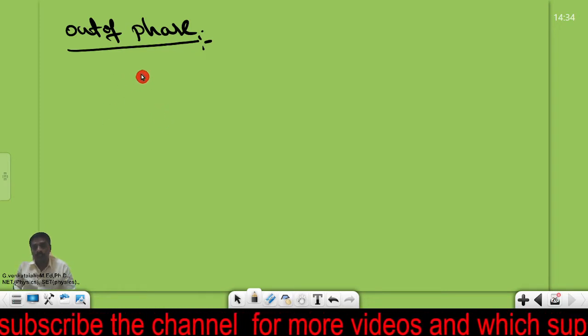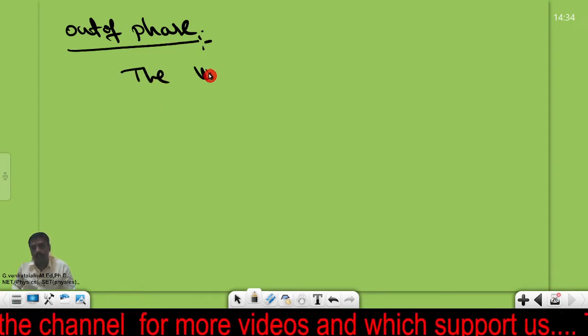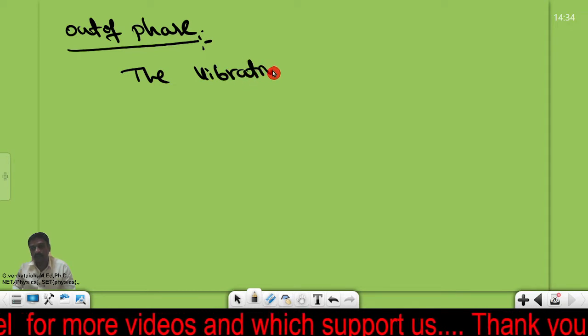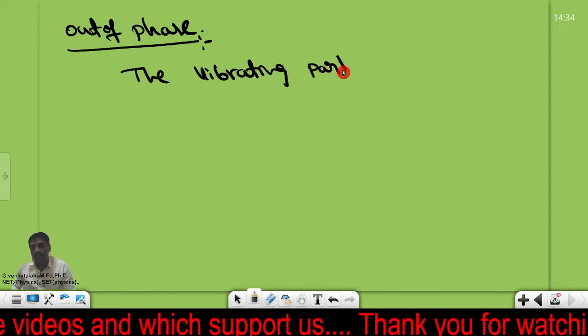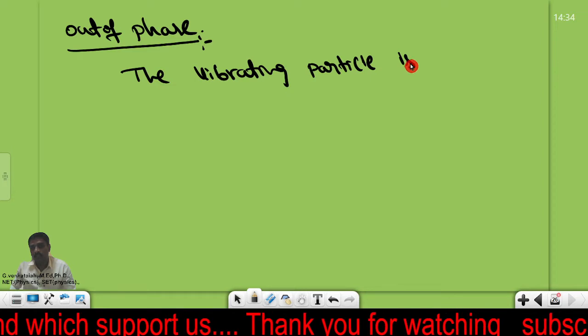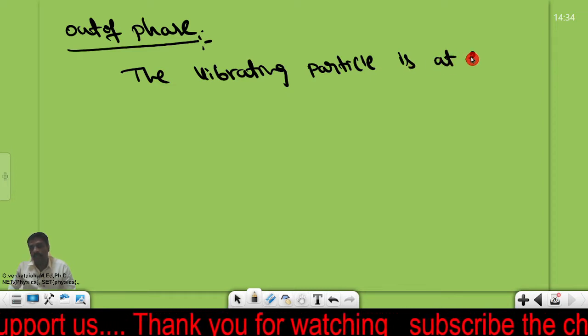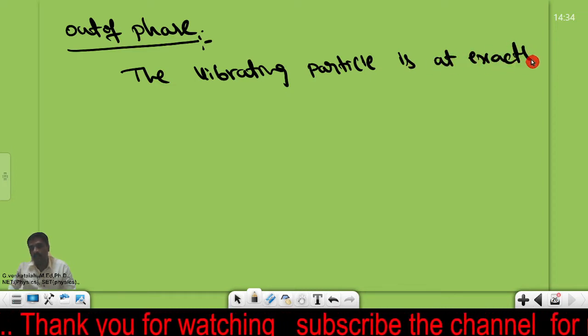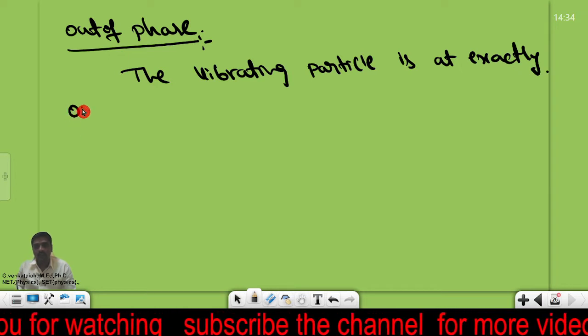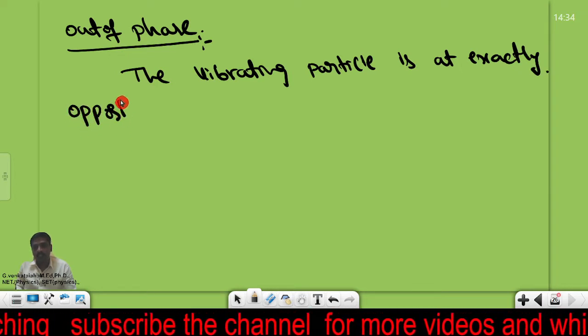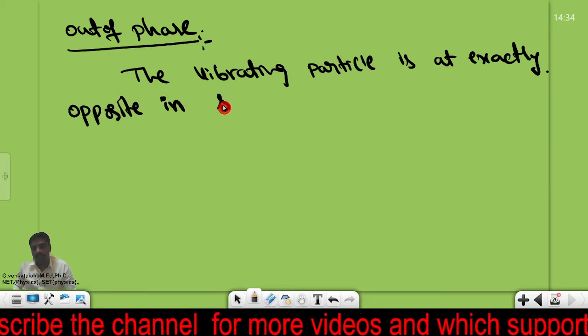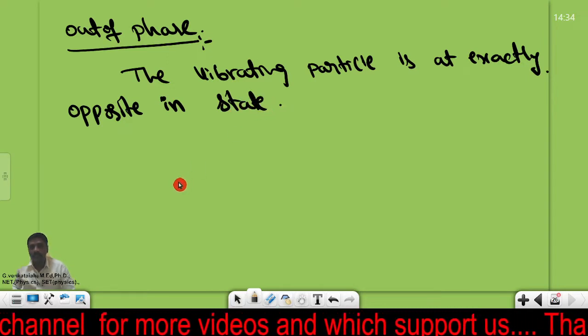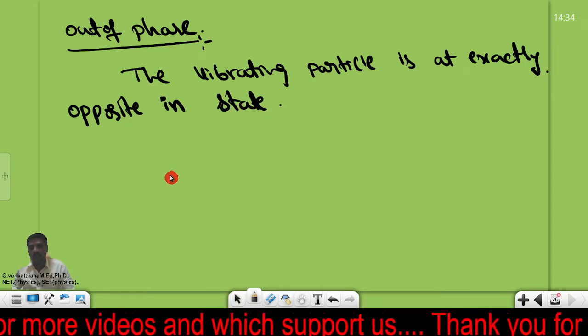That means the vibrating particles are in exactly the opposite state. That type of phase is called out of phase.